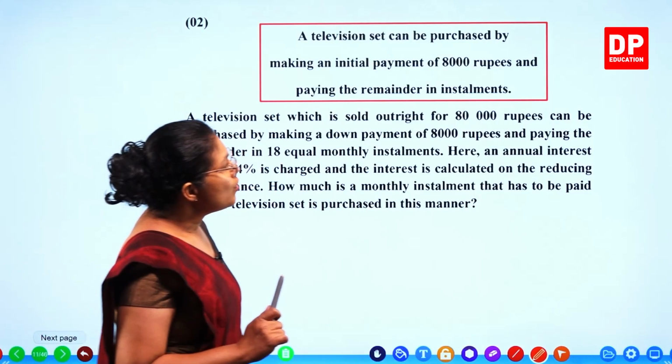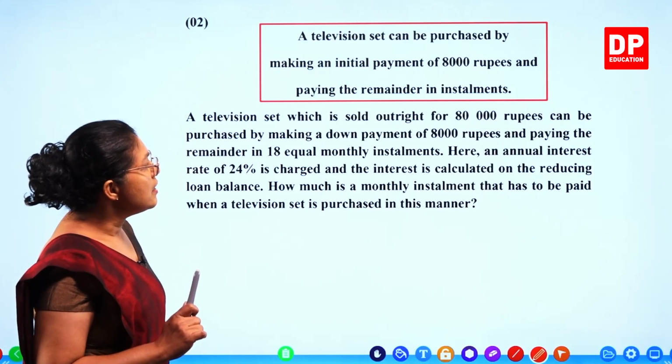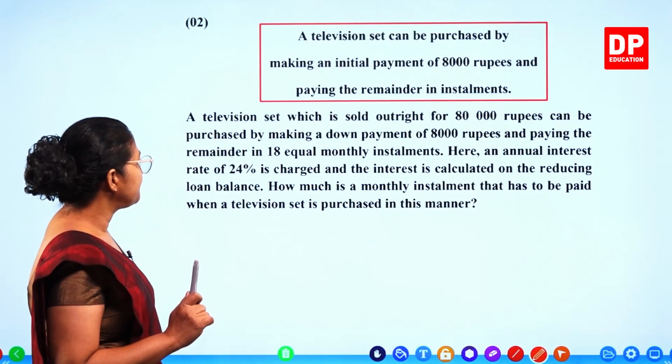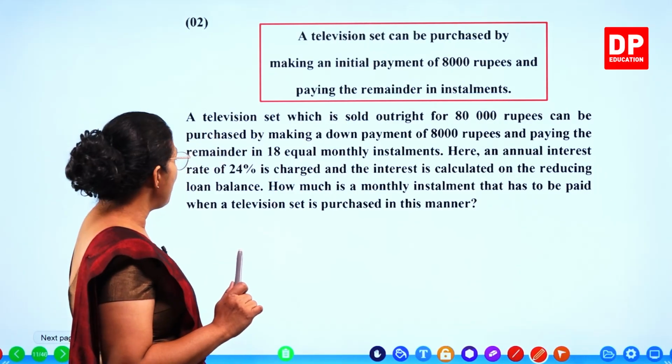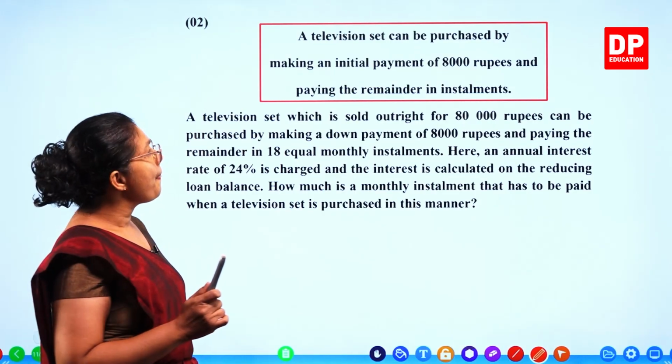Here, an annual interest rate of 24% is charged and the interest is calculated on the reducing balance method. How much is the monthly installment that has to be paid when a television set is purchased in this manner?